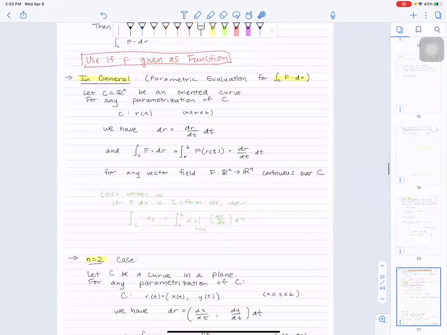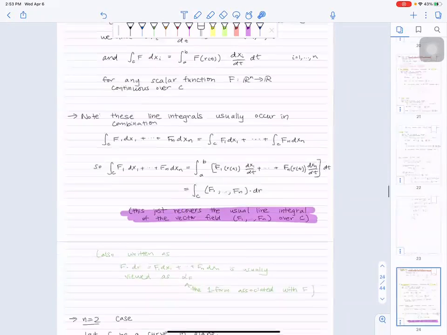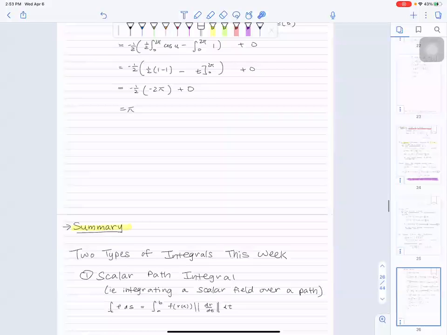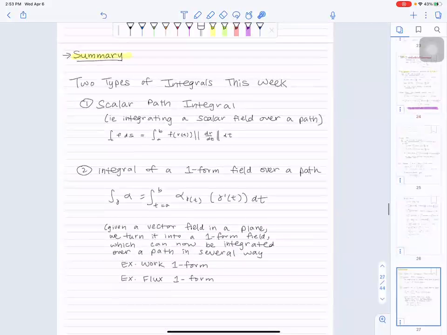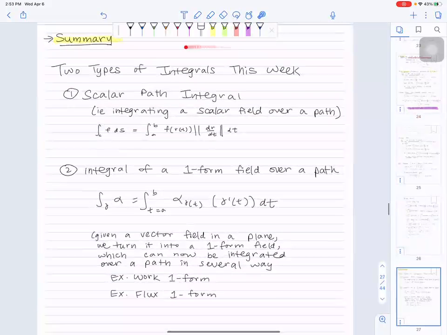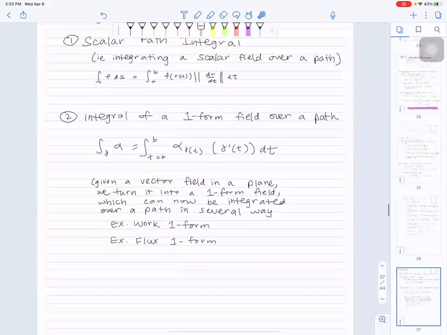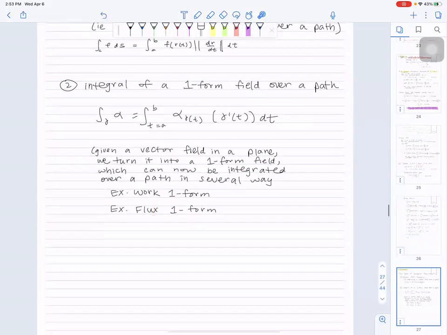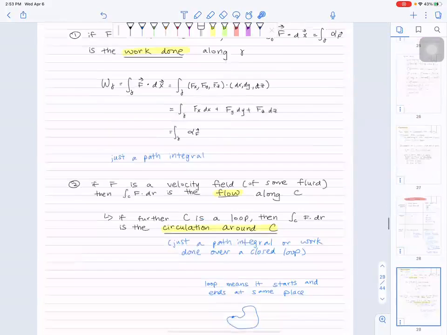Okay, let me go to this theorem, which everyone is touching on. Here I have a quick summary of the 2 types of integrals we learned this week. First is the scalar path integral, where we have the magnitude. Second is what we've just been doing with the one form, and that's the definition. Two examples of the one form, which we'll learn, are work and flux.